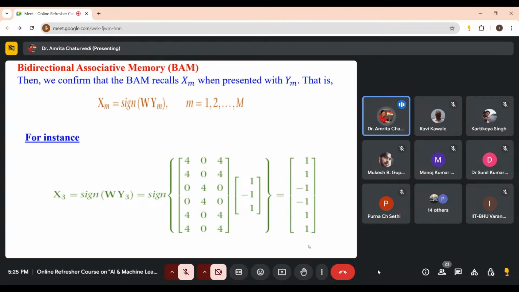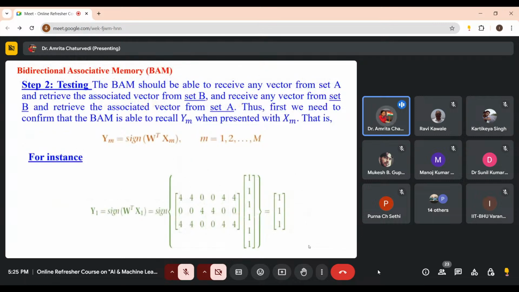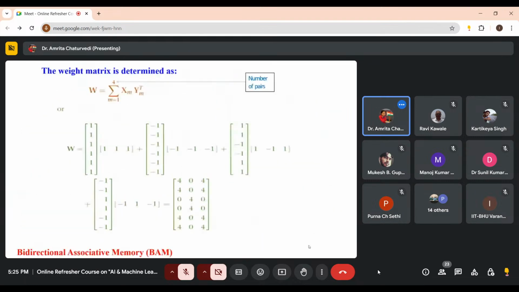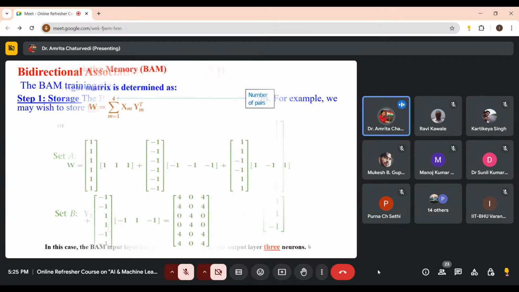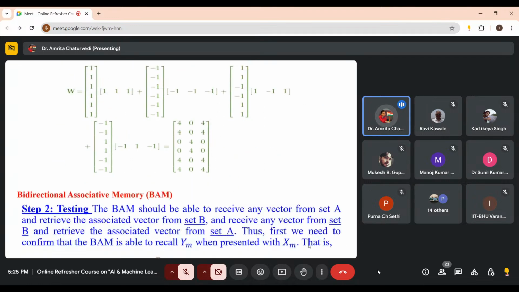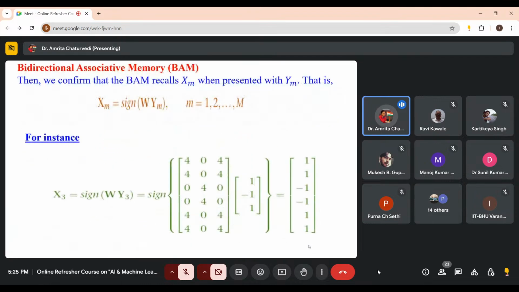So we get this value 1 1 minus 1 minus 1 1 1. So if you see here, 1 minus 1 1, that is y3, you are getting the corresponding x3, right? When you input y3, you get the corresponding x3 as output. So this means that your model is giving you the correct value of x3 for the inputted y3.